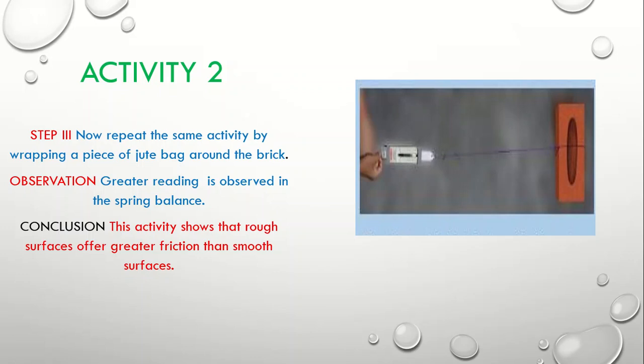So it means friction depends upon the nature of the surfaces in contact. If it is a rough surface, greater is the friction. If it is a smooth surface, smaller is the friction. Now activity number 3.